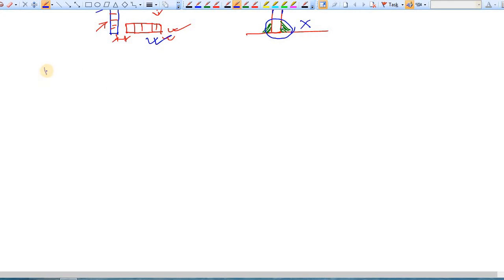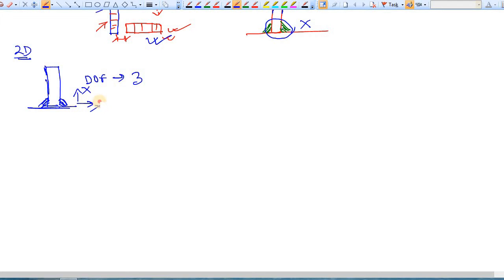Okay, so initially in this case, this was our body. Initially the degree of freedom was 3. Of course it is a 2D system. Now what we have done, we have fixed it to the ground. Now it cannot move towards x, cannot move towards y.